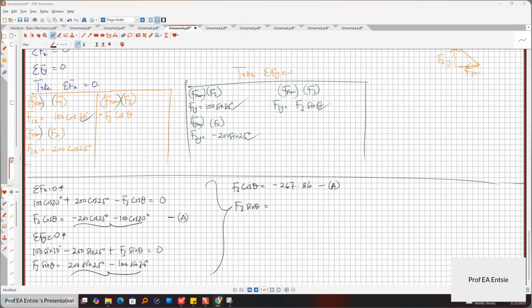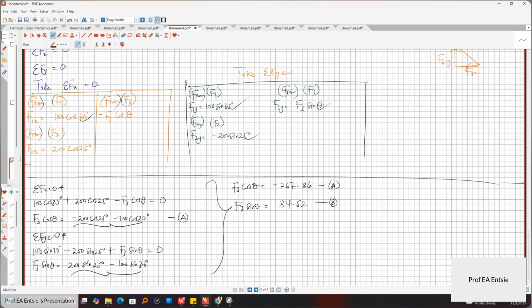Sine 30, yes, sine 30 is half. What do we get? Something close to 100, right? So 34.52. This is B.